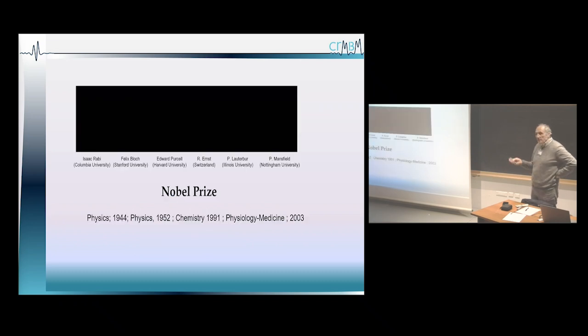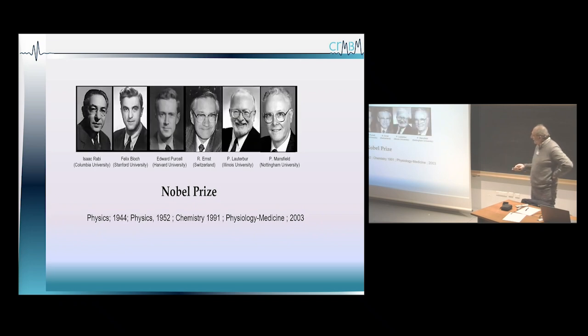To start with, in the field of MRI, you've got multiple Nobel Prizes, which are here. Starting from the last one, these two guys have actually invented MRI and a kind of fast MRI, and they got the Nobel Prize not so long ago, 2003, something like 20 years ago.